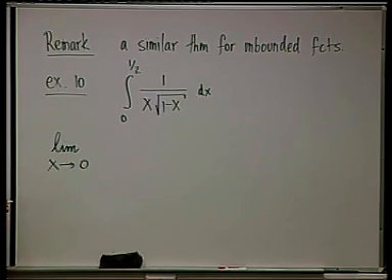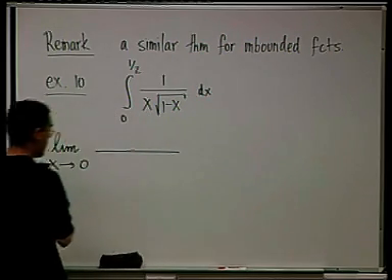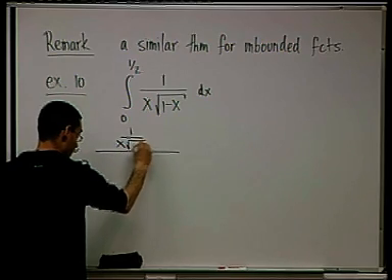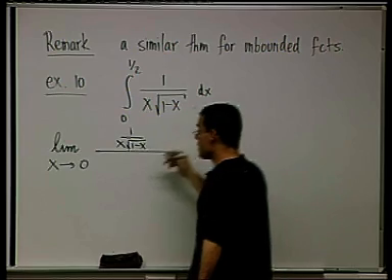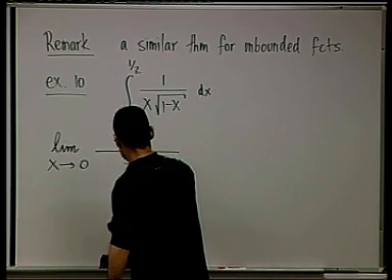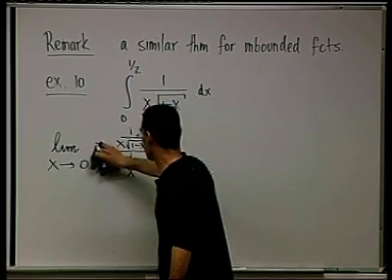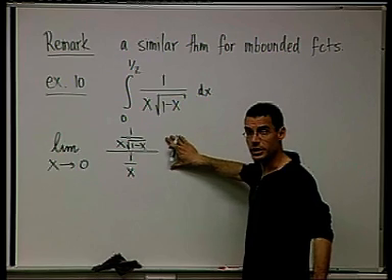X approaches 0. Of the quotient of the original function, which I want to compare, and the function I'm comparing to, namely 1 over x. This is what I claim it behaves like. Is it clear why I wrote this?